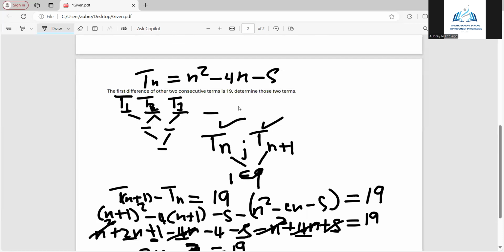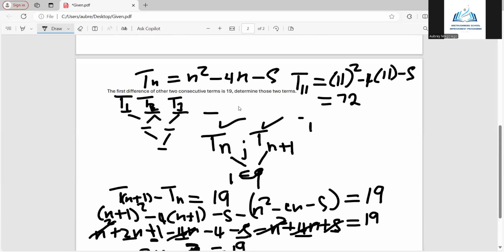So T11 is equal to 11 squared minus 4 times 11 minus 5. The answer is going to be, I think, 72. Again, T12 is equal to 12 squared minus 4 times 12, then minus 5.